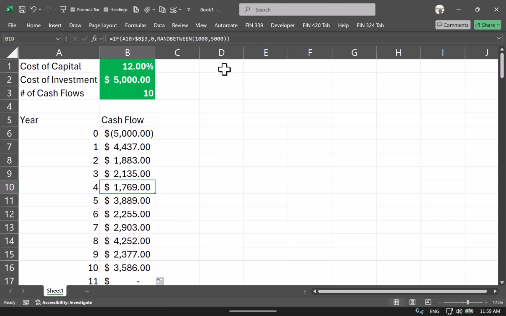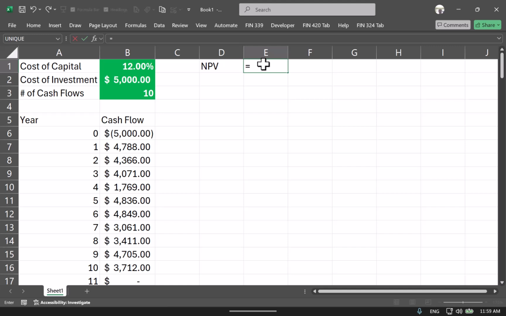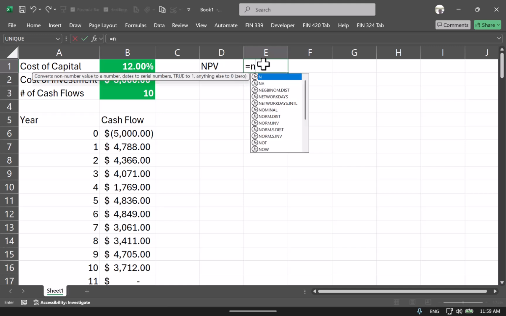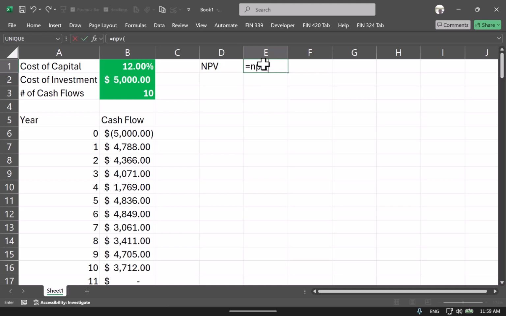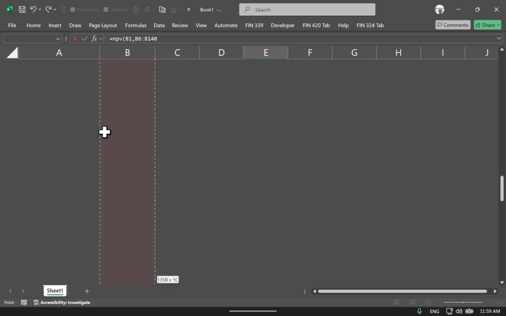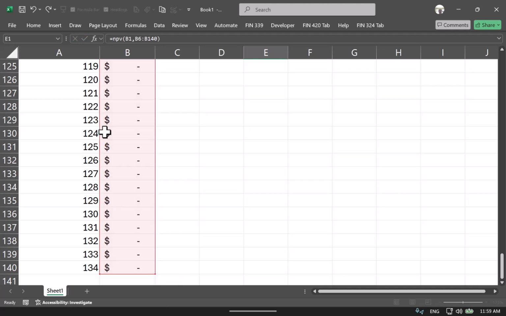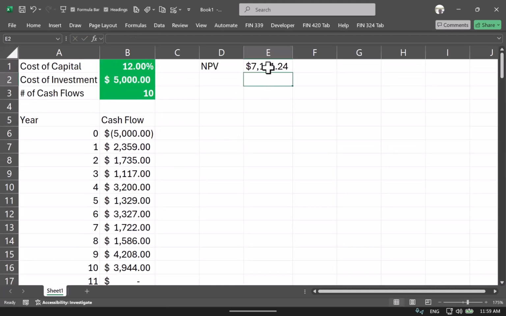And the NPV calculation is simple. For now, I'm just going to do it using the formula. NPV, the first argument is cost of capital. The second argument is all the cash flows. So in this case, it happens to be 7,000.